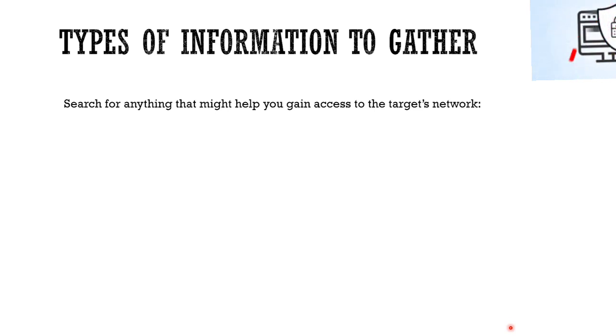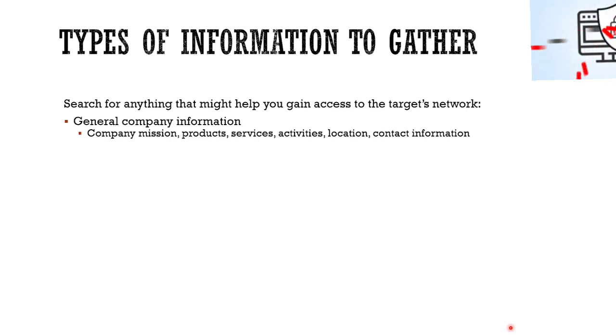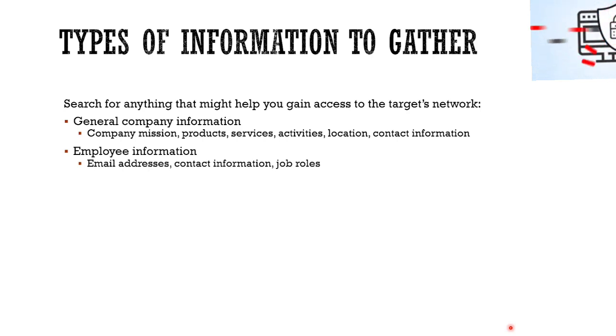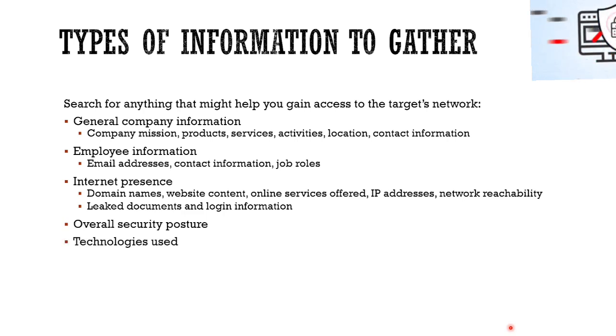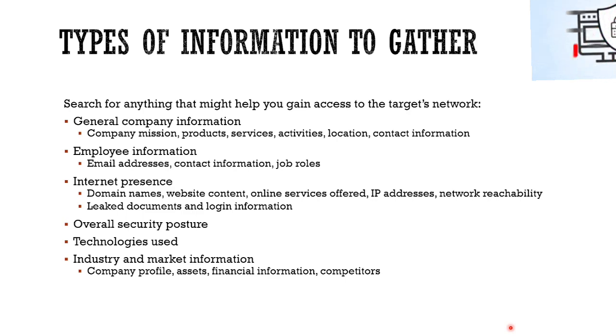General company information, their mission, their services, their products, their activities, where they are, their contacts, email addresses, contact information, job roles, their internet presence, what domains and websites they have, what online services they offer, any IP addresses, network reachability, any documents that might have leaked out onto the internet, any login information, their overall security posture so we get a sense of how difficult they'll be to hack, what technologies they use, and also where they are in the market. Market information, their profile, their assets, their financial information, their competitors.